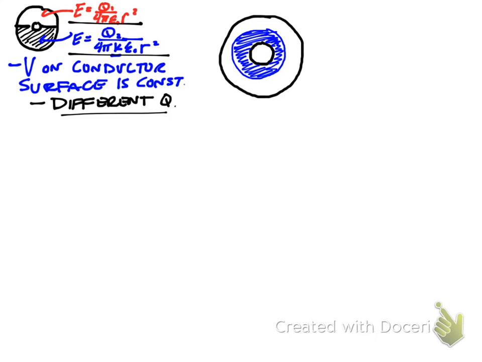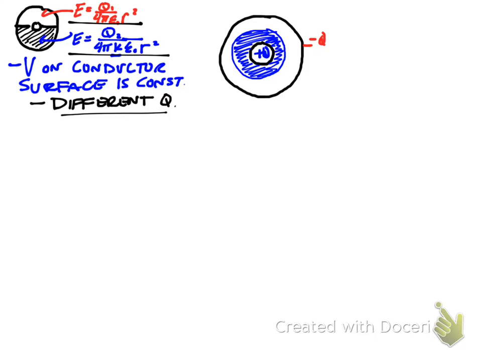In this case, electric field is going to be weird. First off, we can see that there's only one way to have charge all the way through this. If we have plus Q on the inside, we're going to have negative Q on the outside. Since we have that dielectric all the way around, we're going to have the same Q all the way around, but it's going to make the electric field weird.